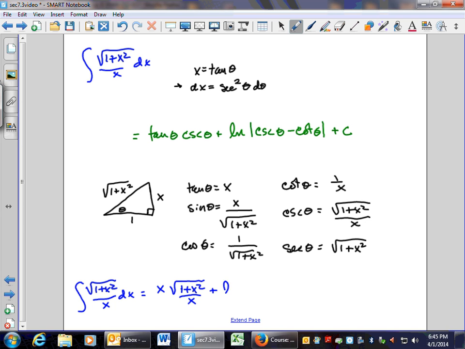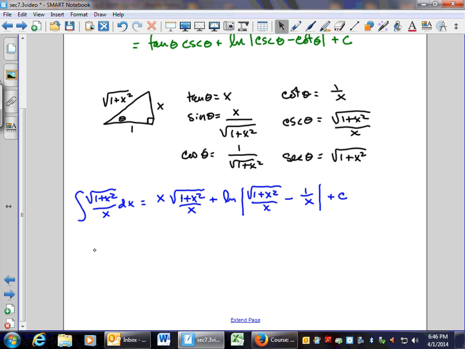Okay, then we have plus the natural log, absolute value, because natural log, of course, is not defined for negative numbers or for 0. So we're going to have cosecant theta, the square root of 1 plus x squared over x, minus the cotan, 1 over x, plus c. Okay, and there's our answer, and we're just going to simplify it a little bit.